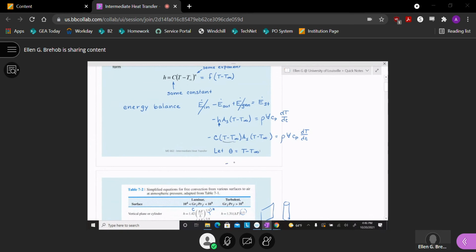I apologize, this is kind of important. Remember, our heat transfer coefficient had this exponent n. So I should have T minus T infinity, and then at the end of the parentheses, I should have the exponent.